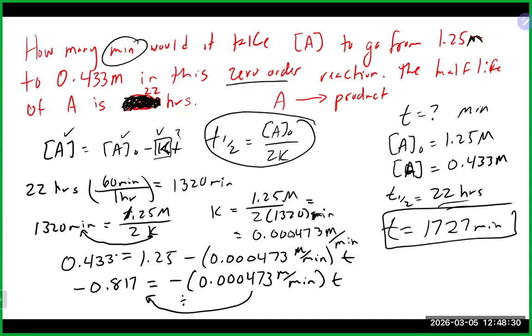Is it 170? I got 1727 on mine. Anybody else get that? Yeah. What's that? Are you asking should it be 1727.2 or 172.7? Let me just double check, make sure I didn't lose a decimal there. So we're good with 0.000473.